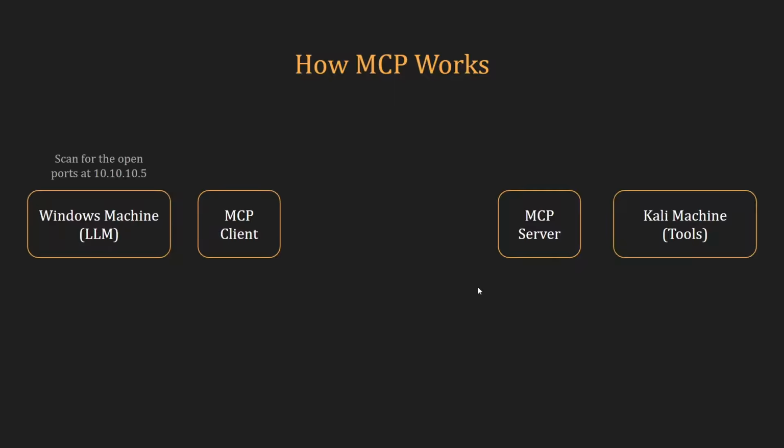So Claude Desktop gets connected to the MCP client, and the MCP client recognizes that Nmap has to be called. It creates a JSON file calling for the Nmap tool, and this JSON file is sent to the MCP server, which in turn executes the command inside the Kali Linux machine.